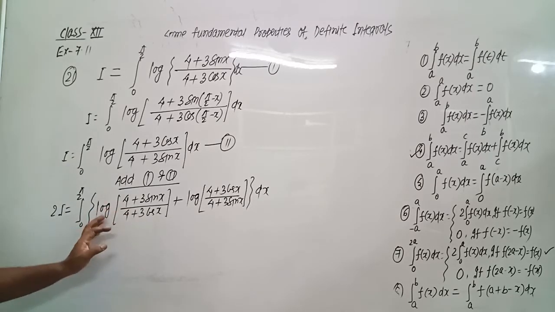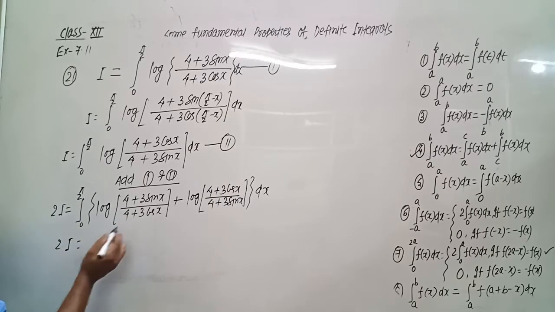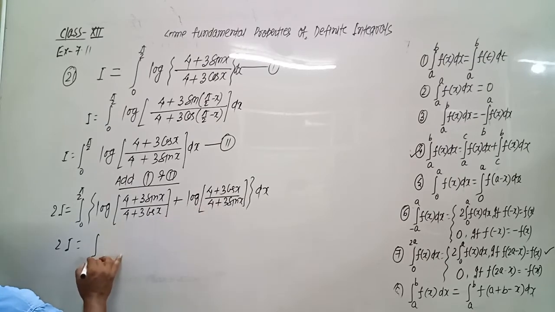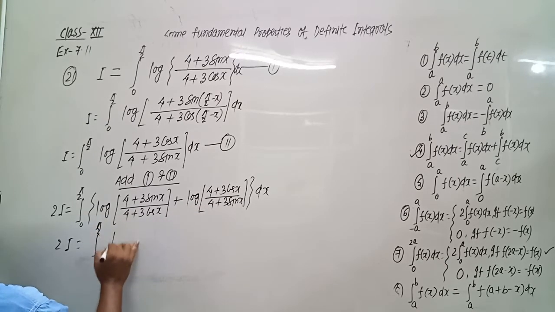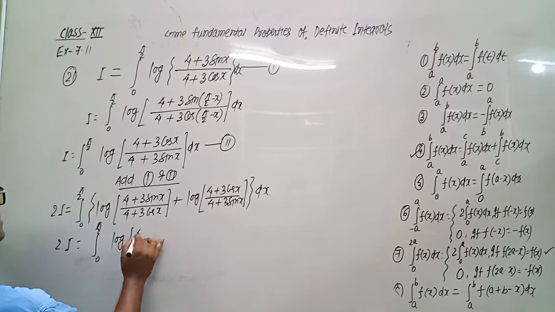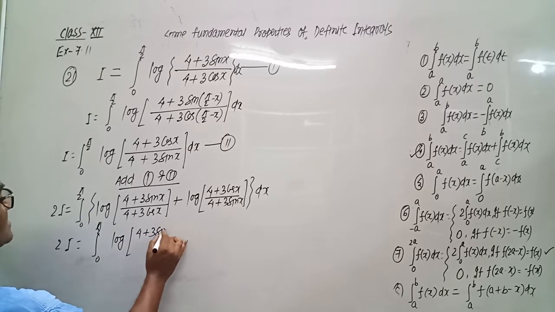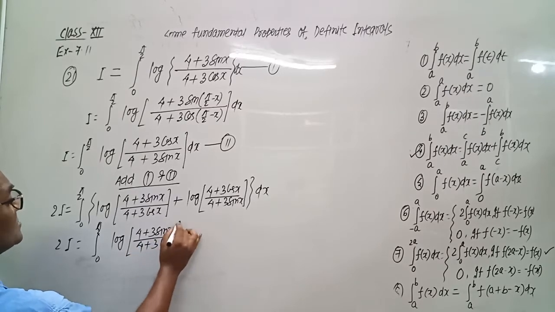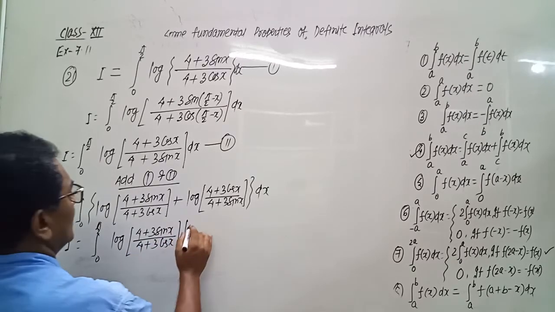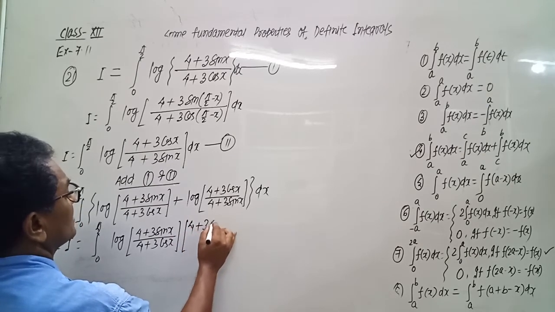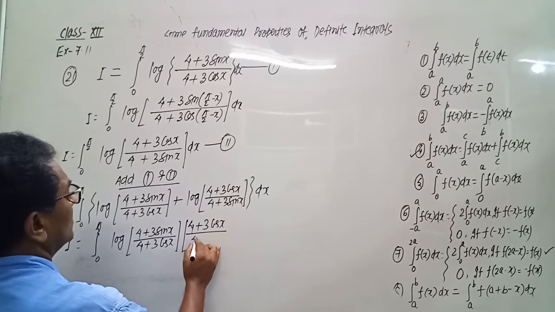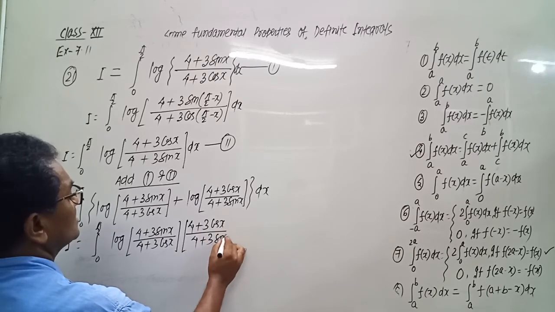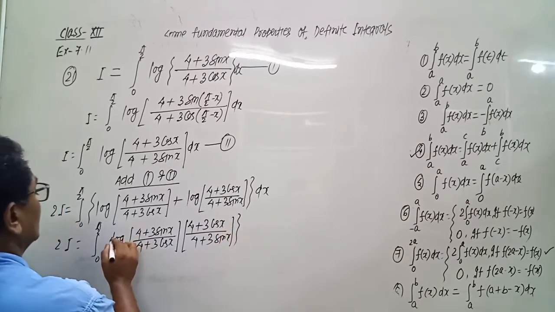This is the form log a plus log b, which is written as log of a into b. So log of (4 plus 3 sin x) upon (4 plus 3 cos x) into (4 plus 3 cos x) upon (4 plus 3 sin x), dx.